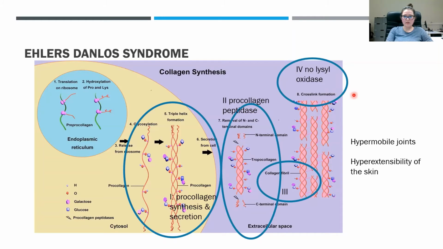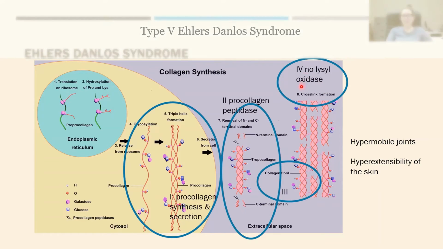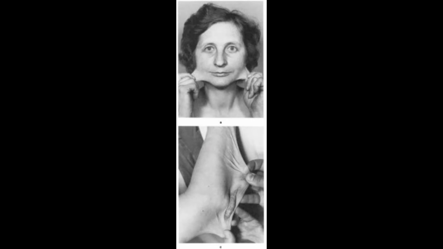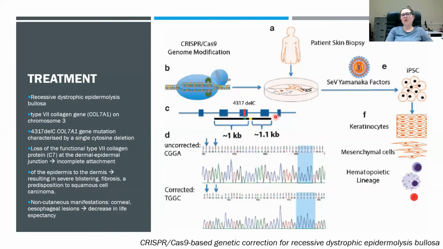And here I actually wanted to talk about another Ehlers-Danlos syndrome, which results in hypermobile joints and hyperextensibility of the skin. It is caused by a gene mutation that results in no lysyl oxidase present. Then how do we treat all of these syndromes caused by collagen gene mutation?